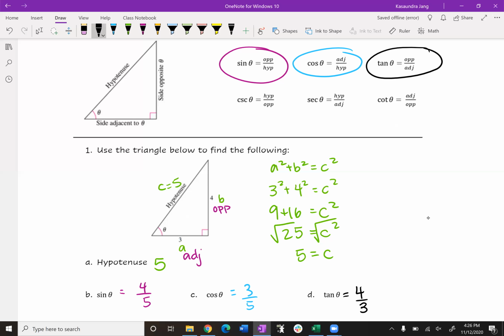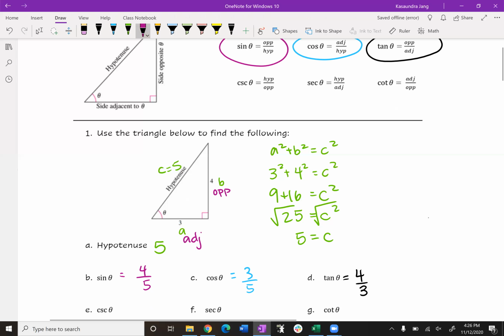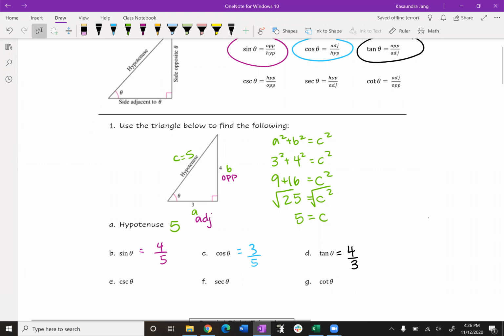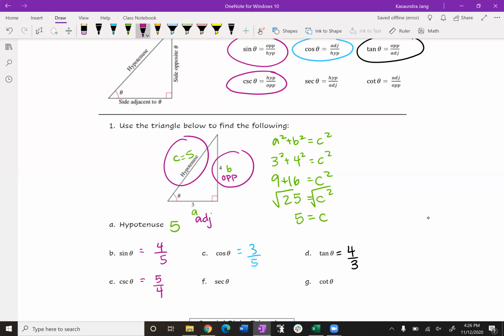All right, so then we are going to do the next 3 trig functions. My cosecant, I did that in purple as well, because instead of opposite over hypotenuse like sine, it's hypotenuse over opposite. It is the reciprocal of sine. So instead of 4/5, it is 5/4. Again, hypotenuse over opposite.